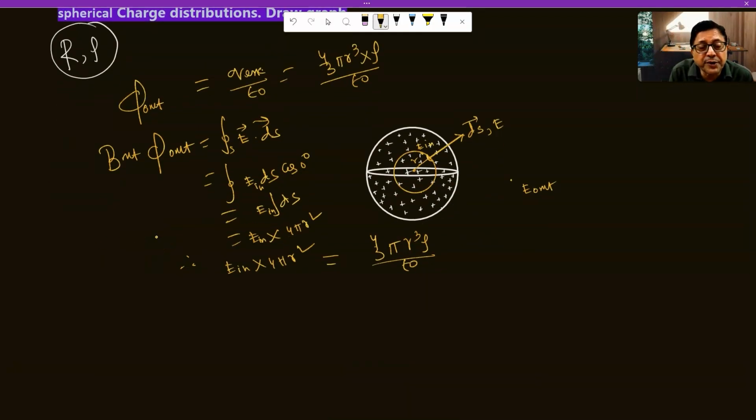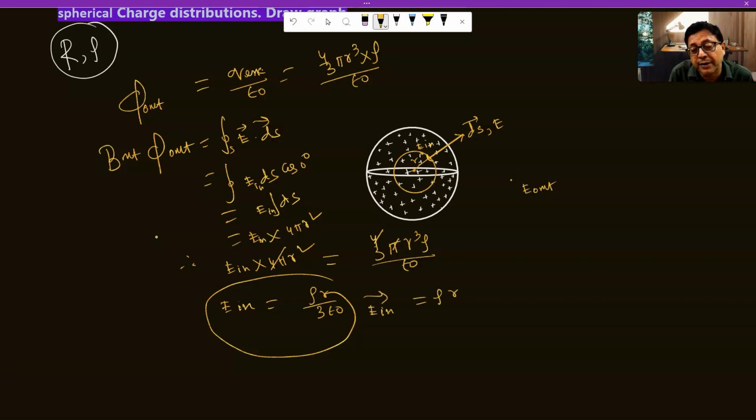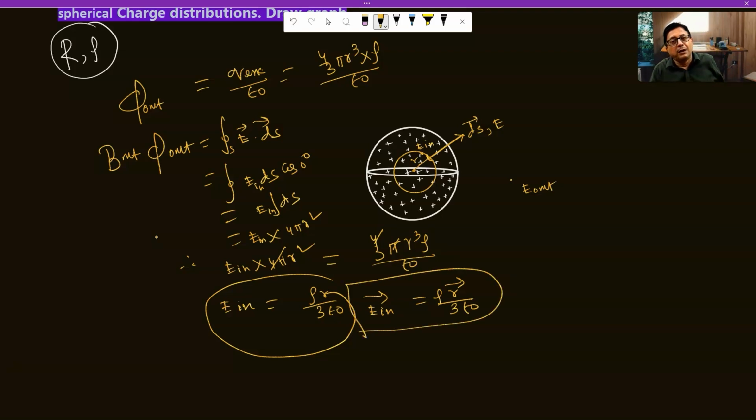So E in is going to be what? Cancel 4 pi, 4 pi. So this is going to be rho r by 3 epsilon naught. The field is radially outward, so you can put a vector over there. E in vector will be rho r vector by 3 epsilon naught. Am I correct?